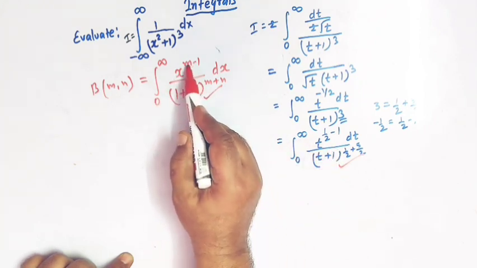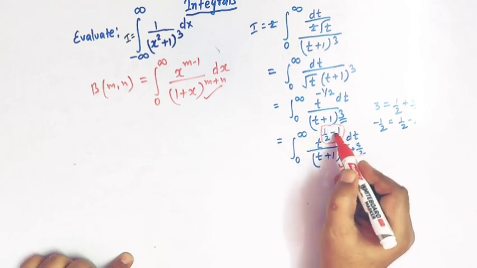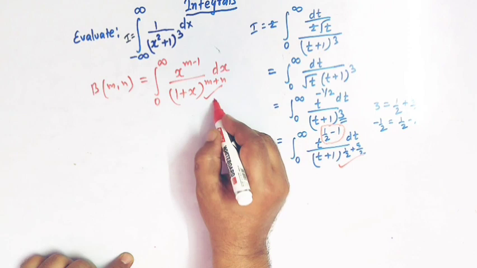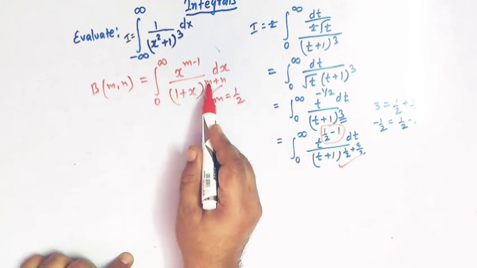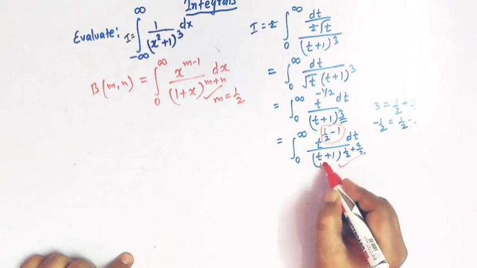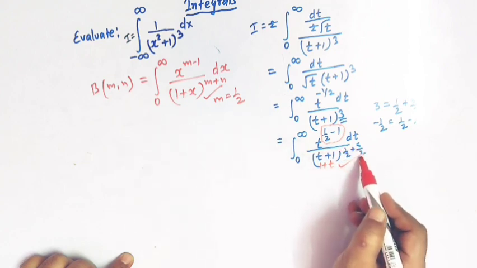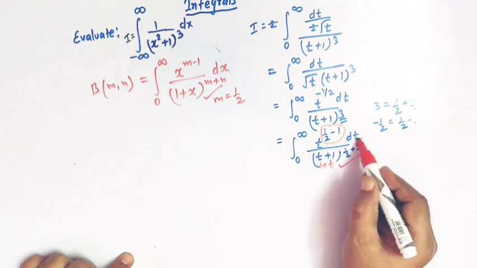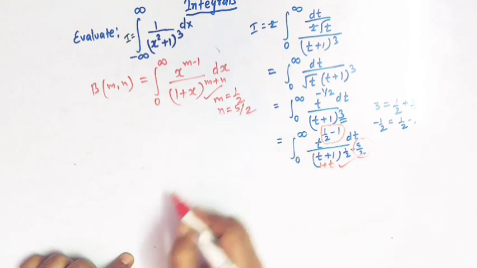So here we have m minus 1 and here we have half minus 1, right? So the value of m is half, and here we have (1 plus x) raised to m plus n. Here we have 1 plus t, because t plus 1 can be written as 1 plus t, and this is half plus 5 by 2, right? So the value of n is equal to 5 by 2, right?